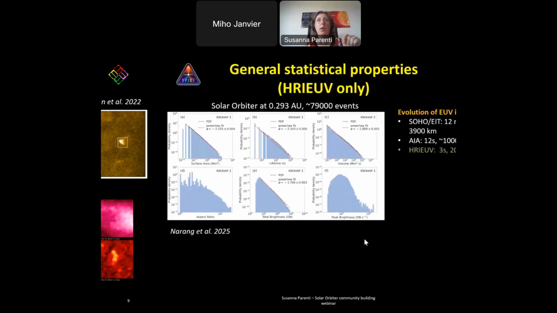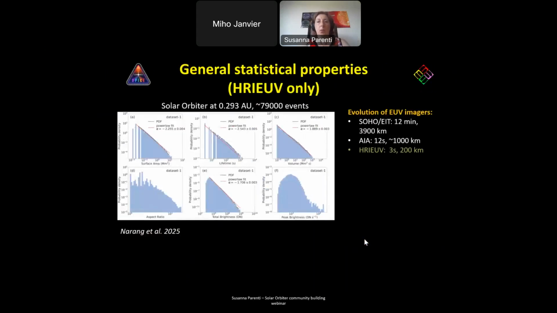Okay, so now I want to start showing some results, and I start with some statistical properties. This is a nice new paper from Nancy Narang, who collected a huge amount of brightenings taken at perihelion, at 0.29 astronomical units, with this automatic detection.